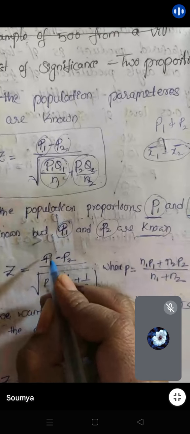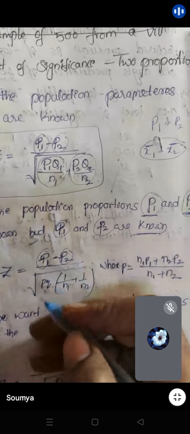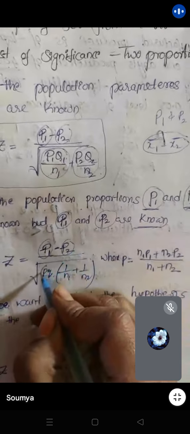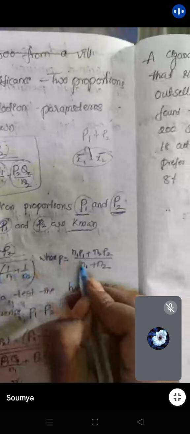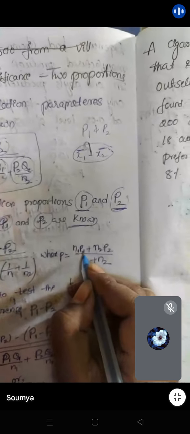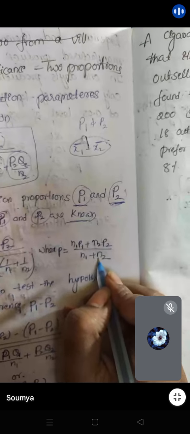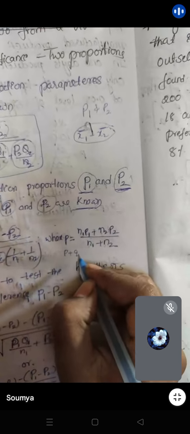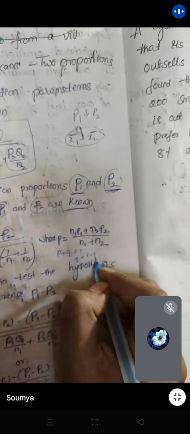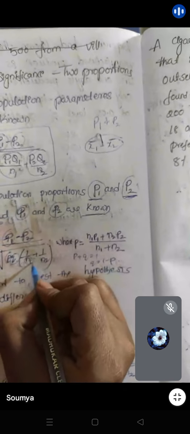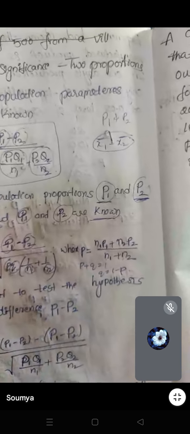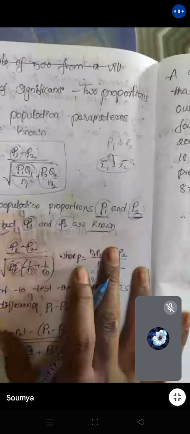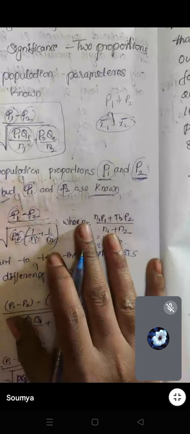Here p1 means first sample proportion, p2 means second sample proportion. What is P? To obtain this, we have the formula n1 p1 plus n2 p2 by n1 plus n2. What is Q, ma'am? P plus Q equals 1, Q equals 1 minus P. n1 and n2 are the sample sizes. So these are the two formulas for double proportion.